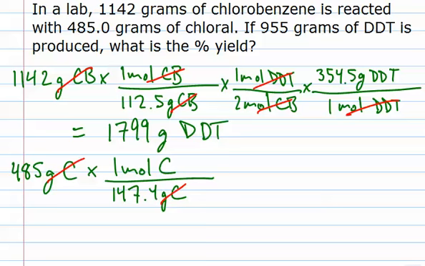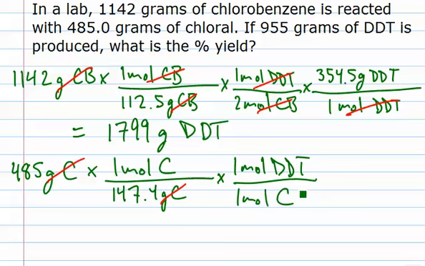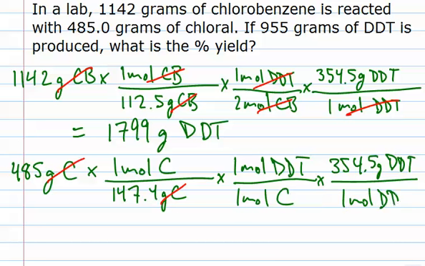So my units cancel. And I'm going to again use my mole-mole ratios. We get 1 mole of DDT for every 1 mole of chloral that we react. And our last step is the same, 354.5 grams per mole of DDT.